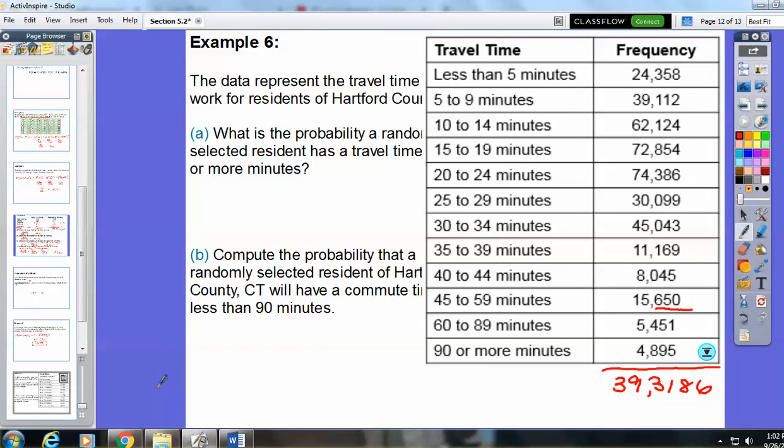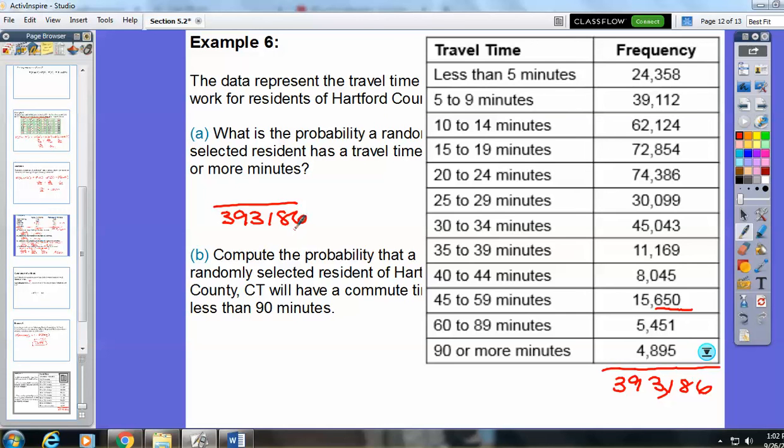I got a grand total of 39,000, no, sorry, I put my calculator in the wrong spot. 393,186. So that's my total. Anybody get the same thing as me? Okay, I'm gonna assume I'm right then.